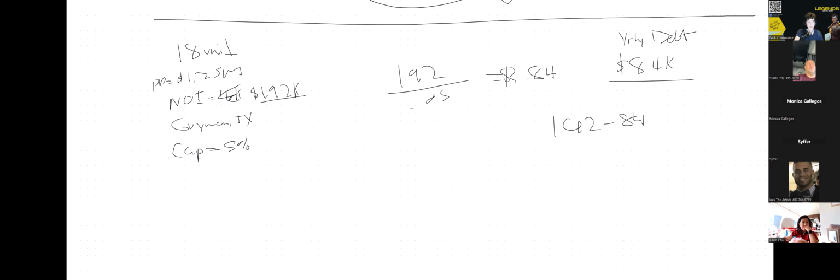If this looks like a crazy deal, if these are the actual numbers, everyone calculate the total cash flow of this deal. If the NOI is 192,000 and the debt service is 84,000, I would do this in my head, but I don't want to screw it up, so I'll use my calculator.